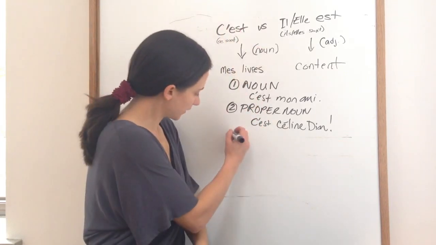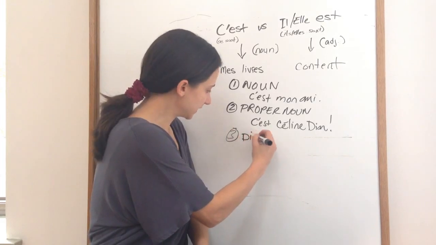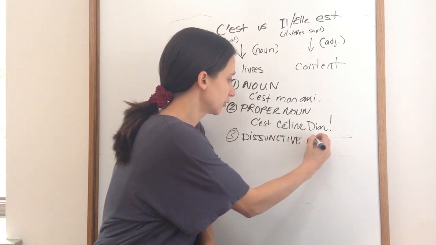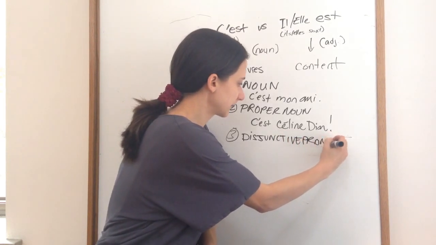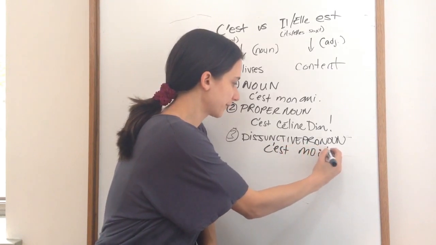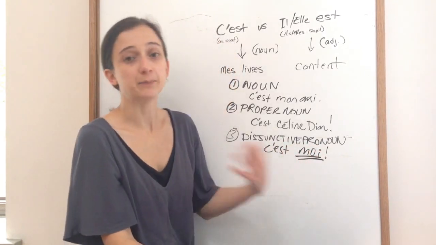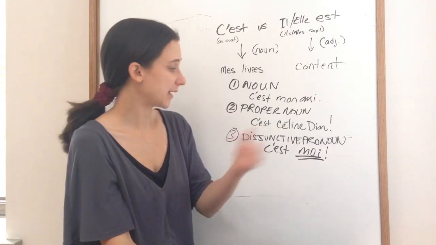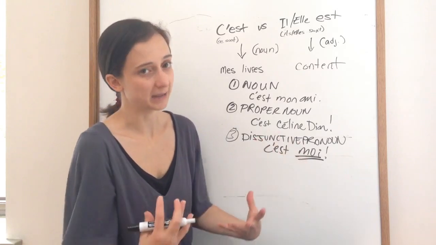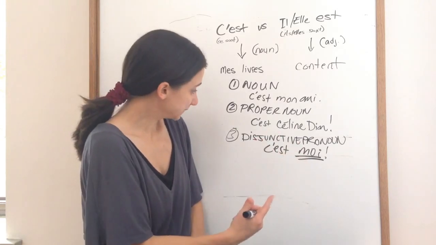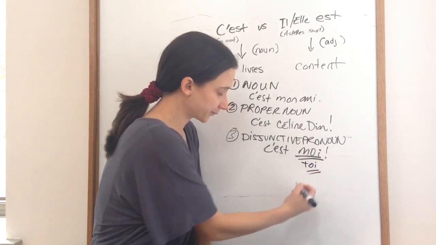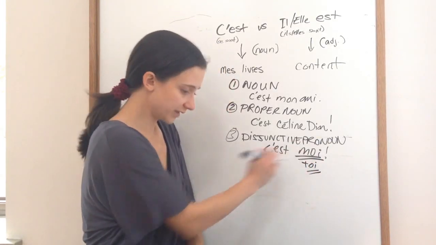As we said, another rule is disjunctive pronoun. Okay? C'est moi. That's what you call a word like me. We have I, and then we have me. Me is the disjunctive pronoun form of I, which is our subject pronoun. So just know that's what it is. C'est moi, c'est toi. Okay? You would use c'est with that.